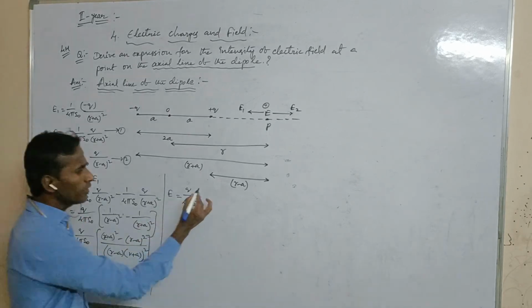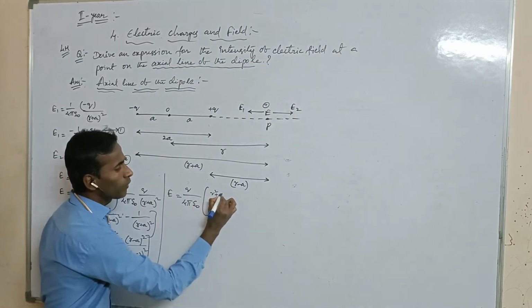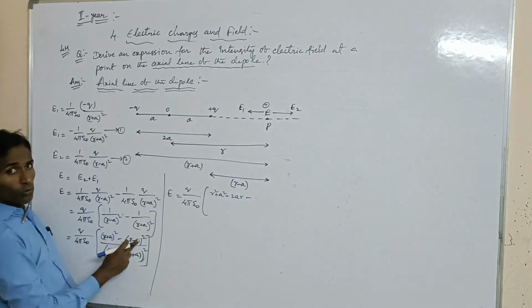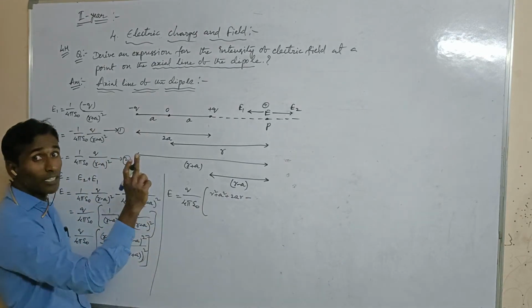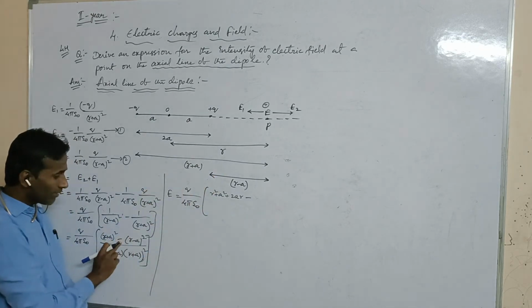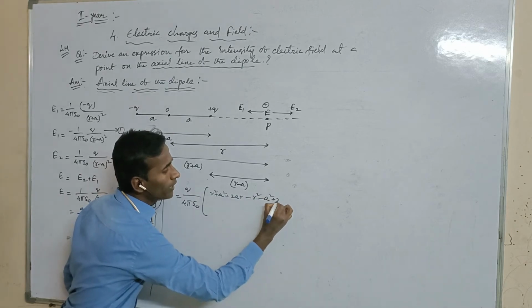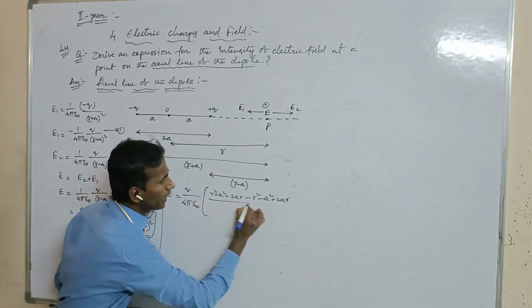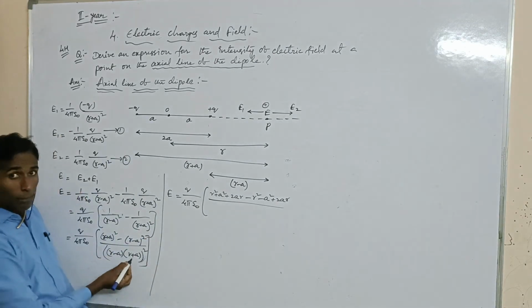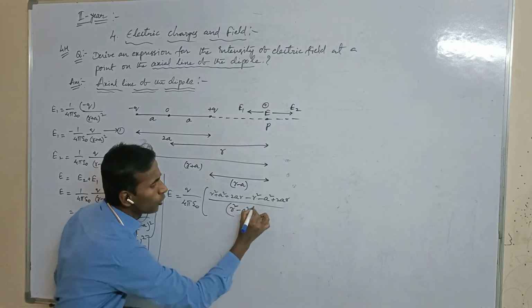So we can expand that one. R square plus A square plus 2AR, minus into R minus A whole square, R square plus A square minus 2AR. So directly that value we have to multiply with minus, then we will get minus R square minus A square plus 2AR. Now again, see the remaining value: R minus A into R plus A, R square minus A square whole square.